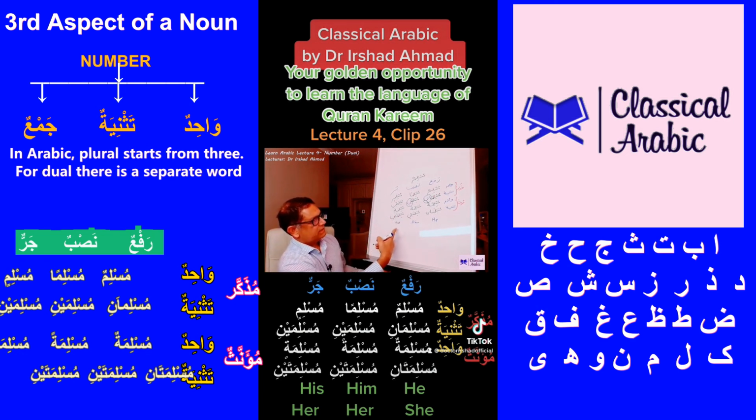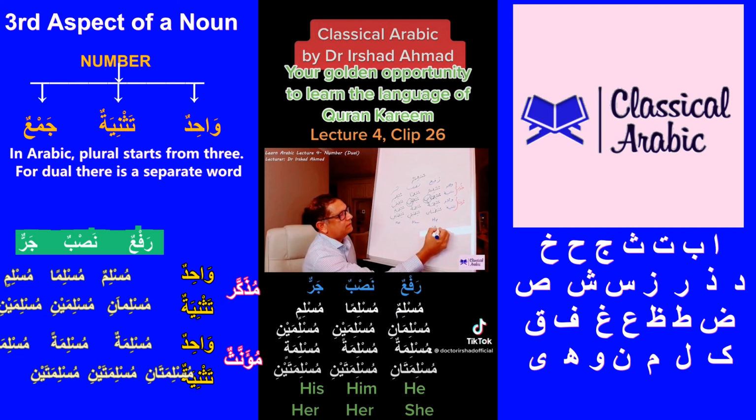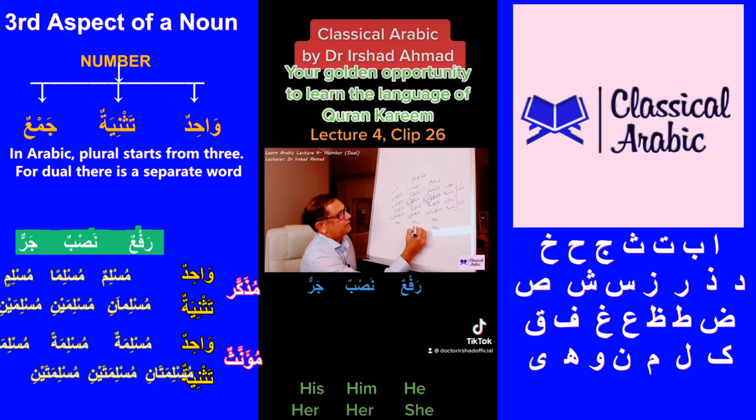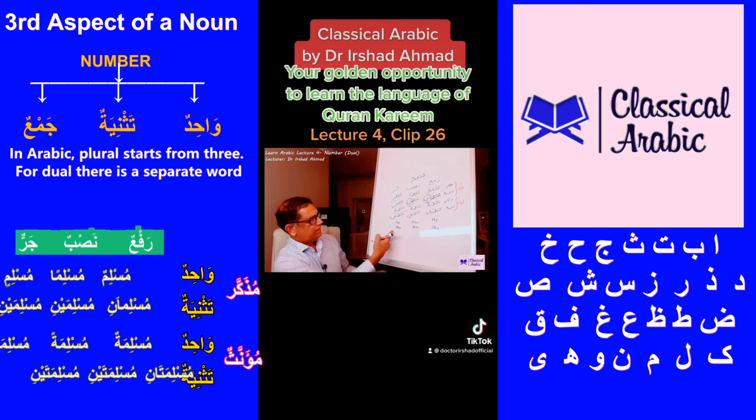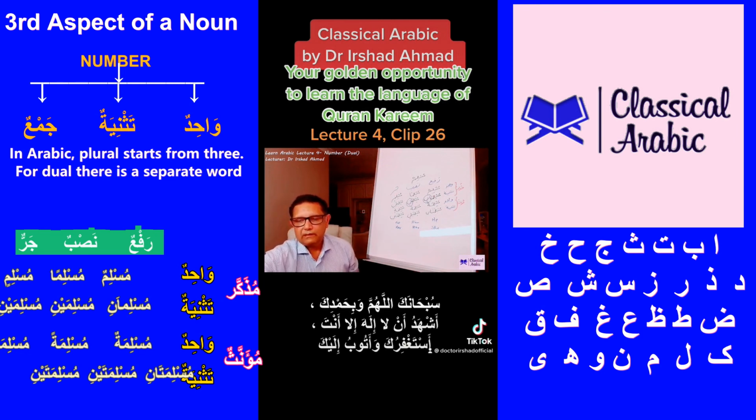But if we replace he with she: she went to the market, her car broke down, a friend gave her a ride. So we will know which her is which one. So it's not really difficult to make out whether a noun is being used in nasab or in jar.